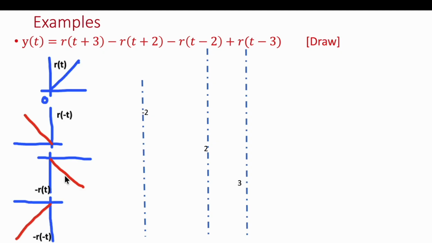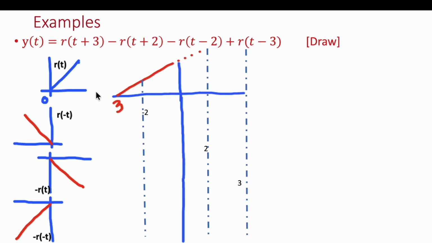If it is minus r of minus t, this is the time reversal of that signal. Similarly, we need to draw the first one, r of t plus 3, which is a shifted version. If you equate t plus 3 equals 0, then t equals minus 3. So the signal will start at t equals minus 3 and keep going up to infinity.